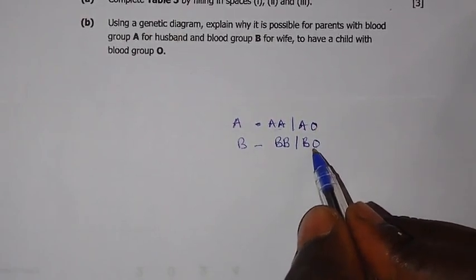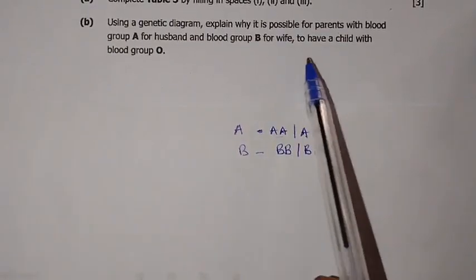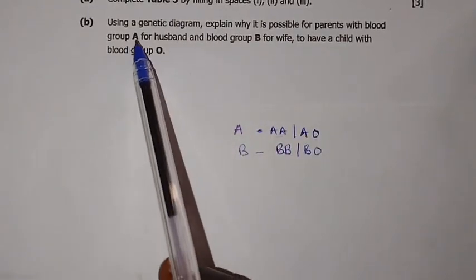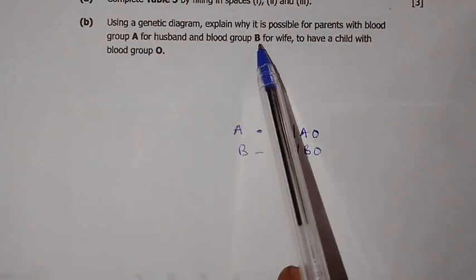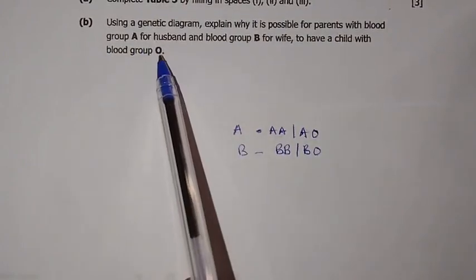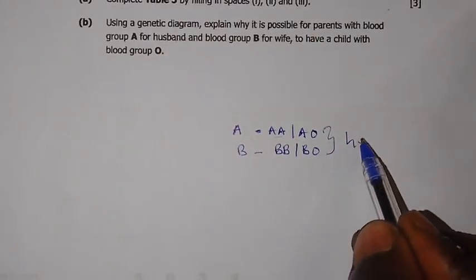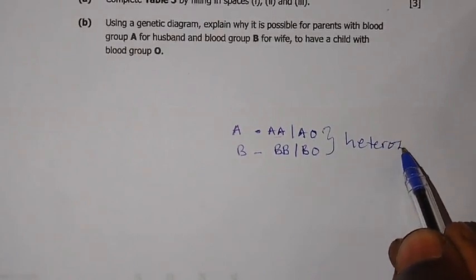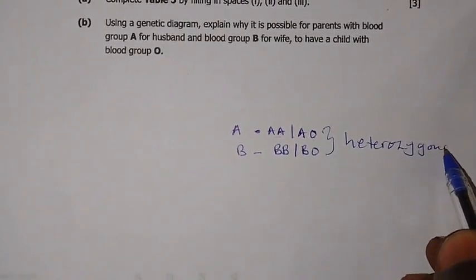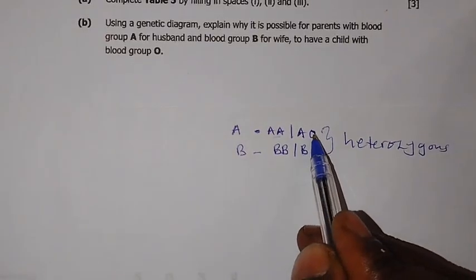The same applies to this one. So it can only be possible for this couple where the husband is having blood group A and the wife is having blood group B to have a child who is going to have blood group O if both parents are heterozygous. That's how it's going to be possible because they have to have the O gene.